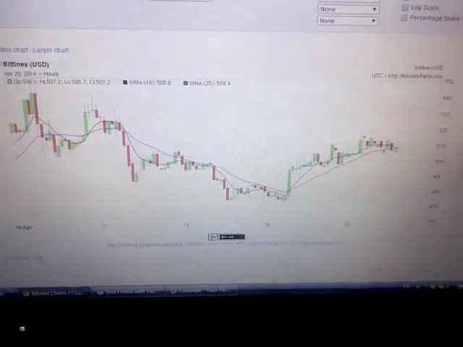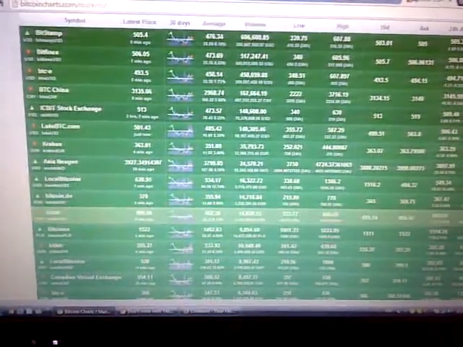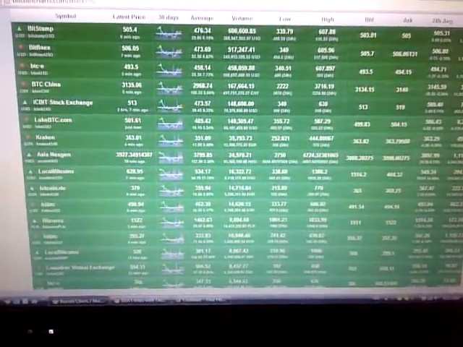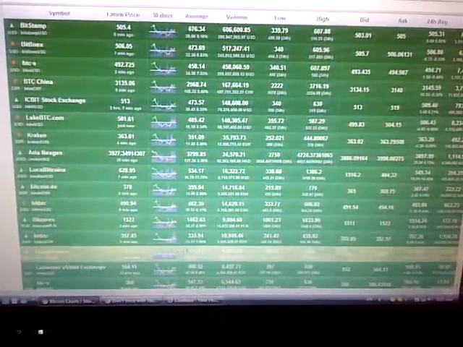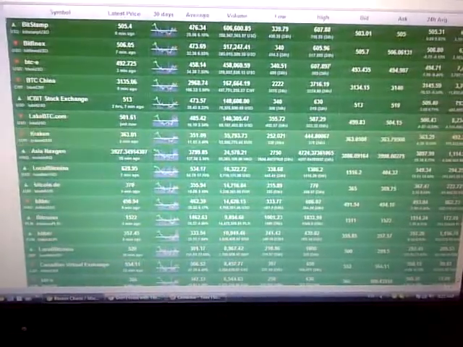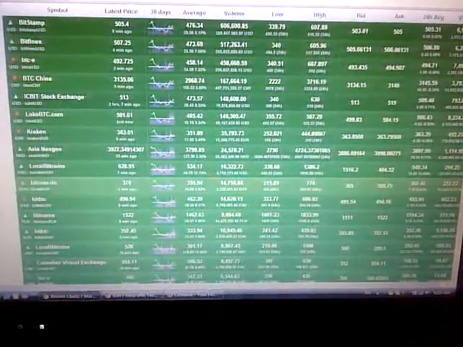And then here's an indication of, if you just looked at this, you would say the prices are going up. All right, just looking at this. Now remember, a couple weeks ago this was all red. Now it's all green.